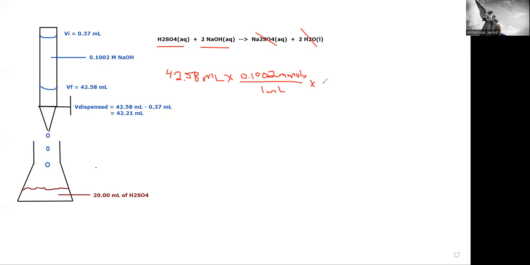Then when I look at the balanced chemical equation, for every 2 moles of sodium hydroxide, I get 1 mole of sulfuric acid. I can say for every 2 millimoles of sodium hydroxide, I will need 1 millimole of sulfuric acid.